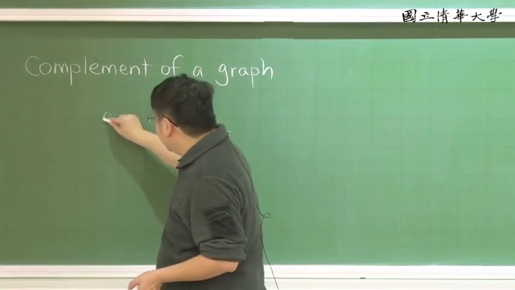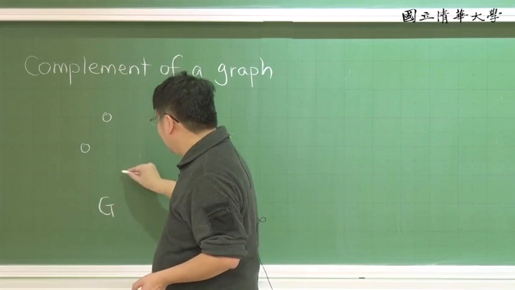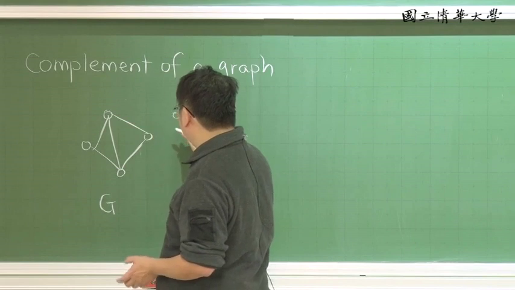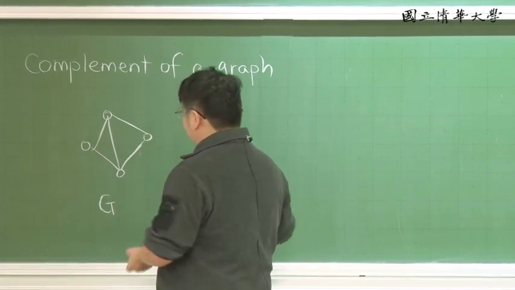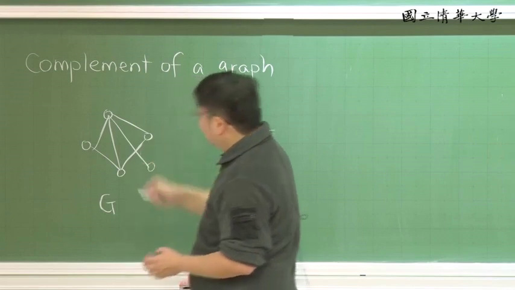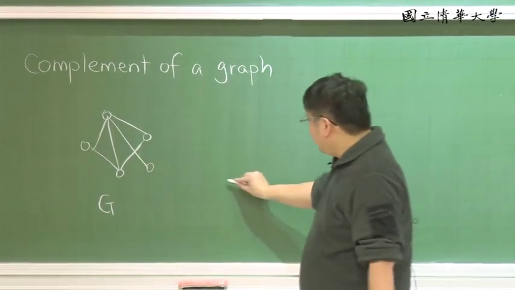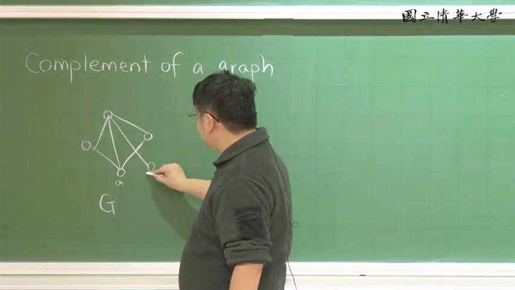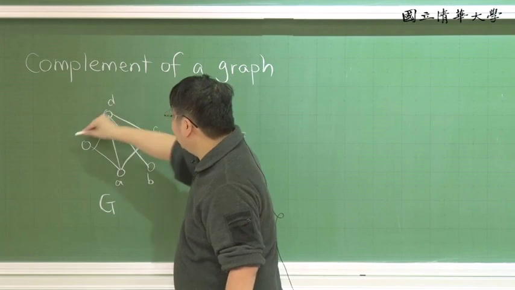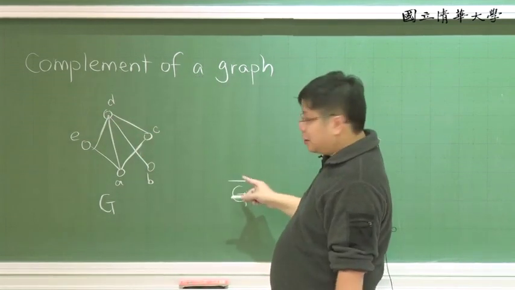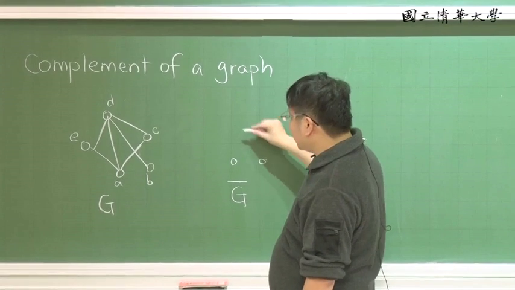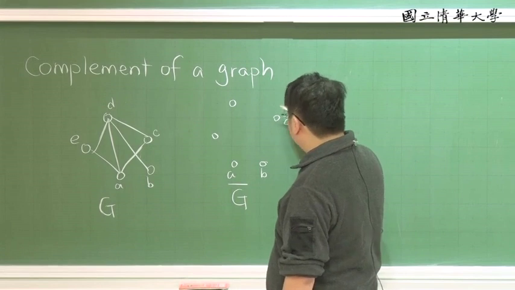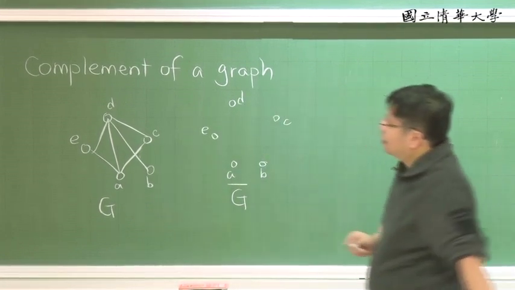You have a graph, let's say this is called G, on a couple of vertices. Then we can define the complement of graph G to be based on the same set of vertices. So we have these vertices labeled A, B, C, D, E.